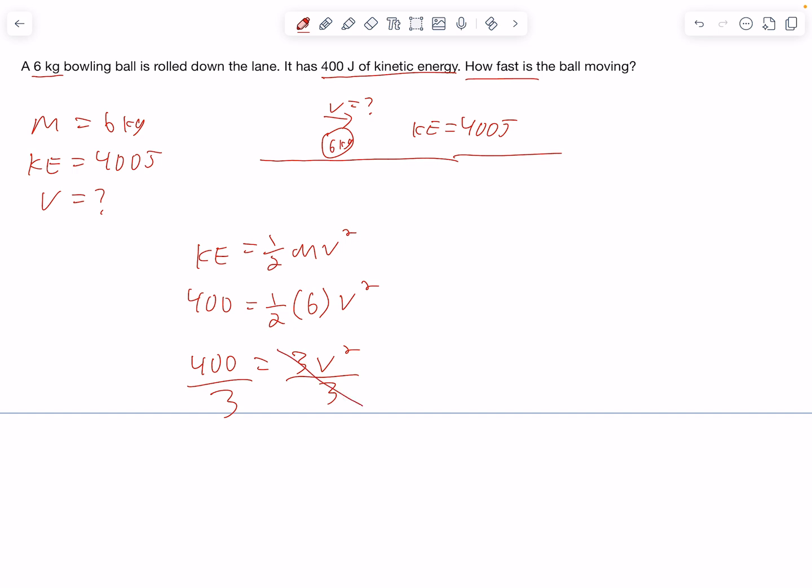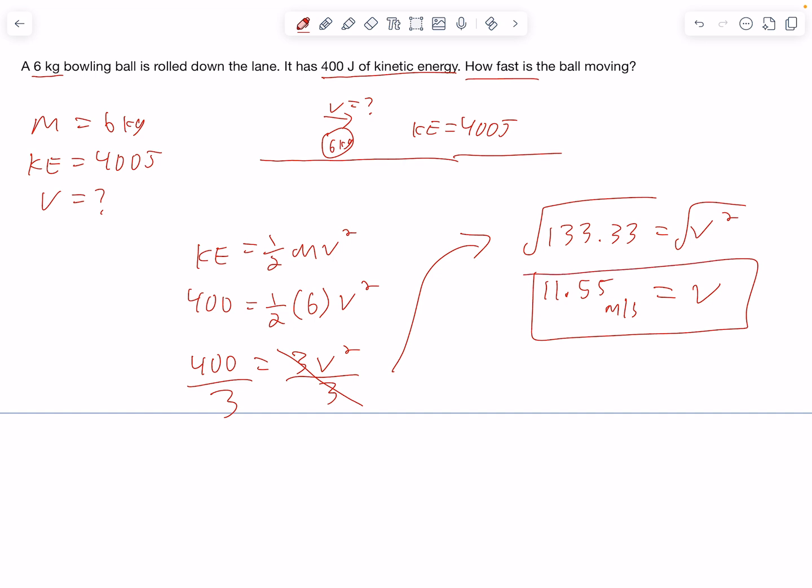So 400 divided by 3 gives me 133.33 equals v squared. Then I'm going to take the square root of both sides to get v. The square root of 133.33 is 11.55 meters per second. And that is my answer.